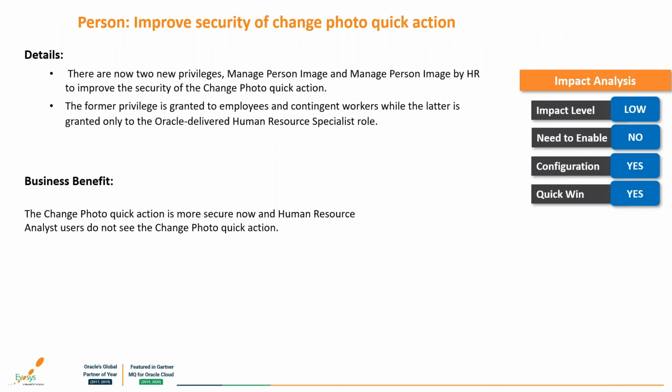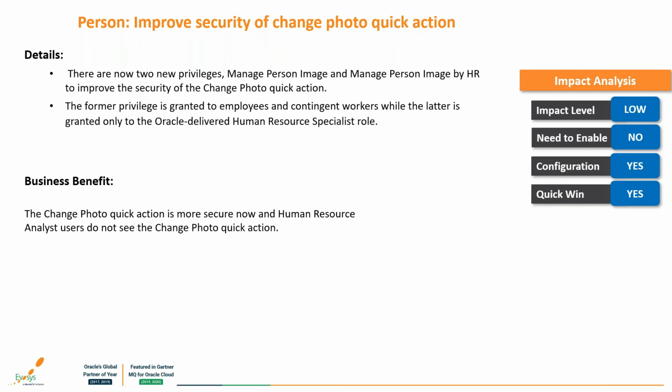Improve security of change photo quick action. In order to secure the photo options, initially anyone apart from the employee, for human capital management, could go ahead and select. But now they have given this option wherein only the selected person can see the photo quick action.